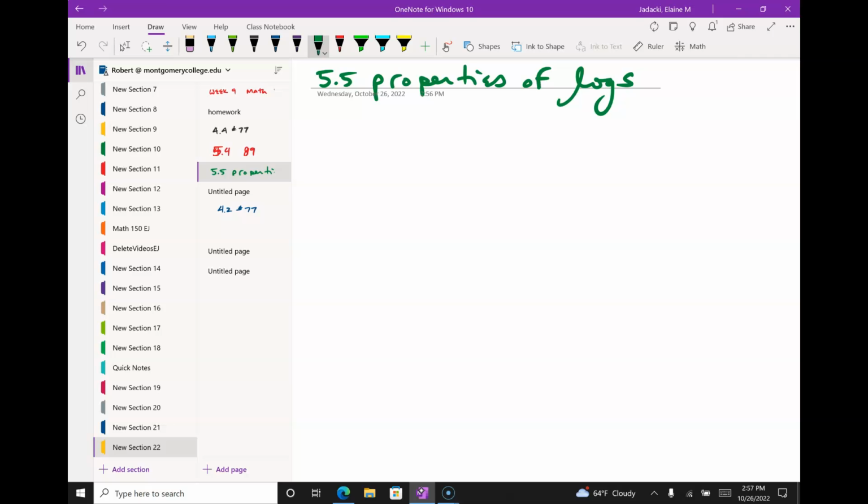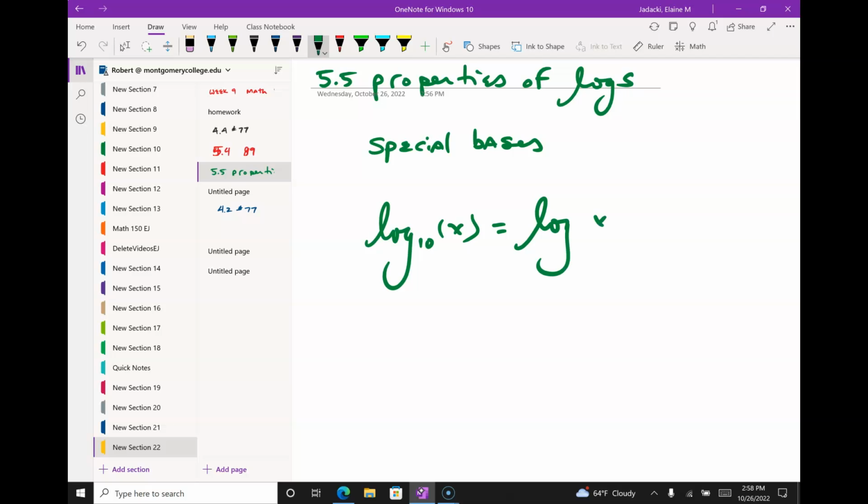So our properties of logs, we have a whole bunch of them. Let's see. We had special bases, right? Log base 10 of x is better written as log of x, because we're 10-fingered people, or at least most of us. And log base e of x, we call that the ln of x, the natural log. There's a reason for it, but I don't want to talk about it now.